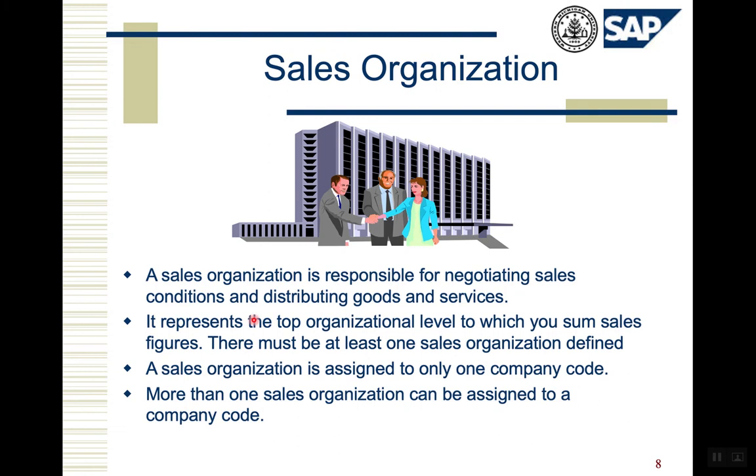There is an idea of a company code. You have a hierarchy of an organization. A sales organization can only be assigned to one company code, but a company can have more than one sales organization depending upon the nature of that organization.